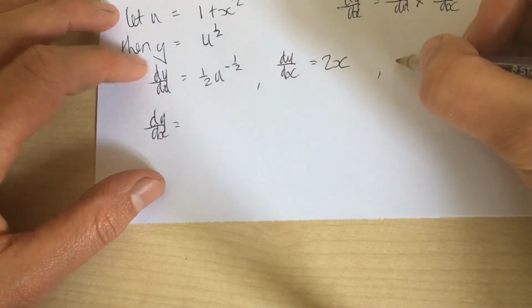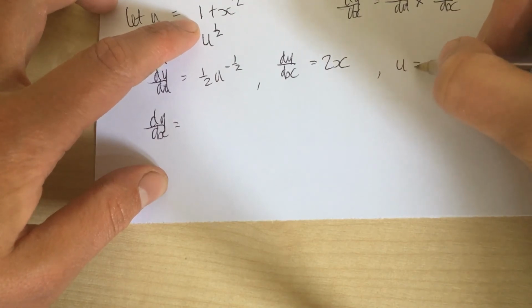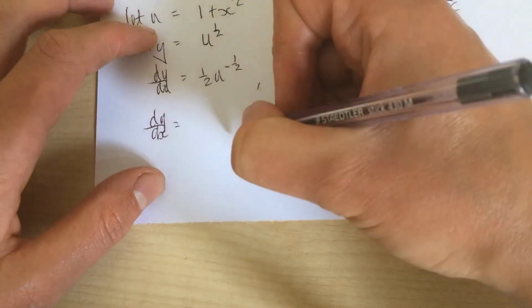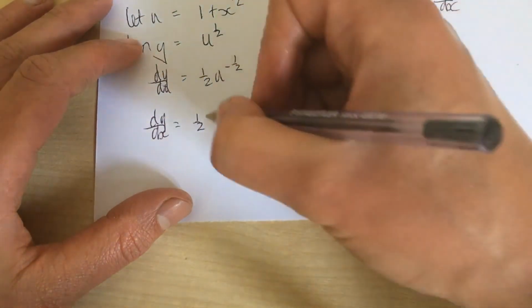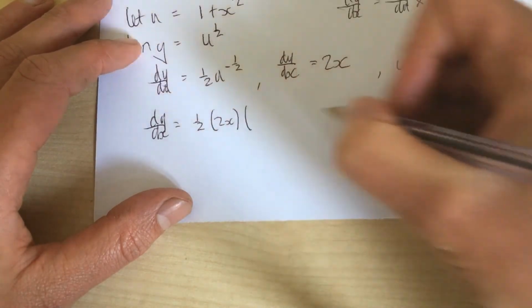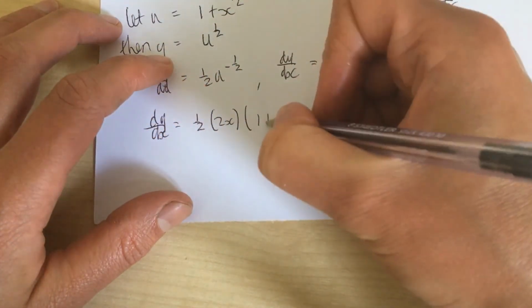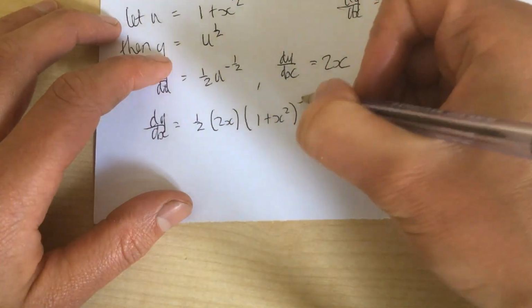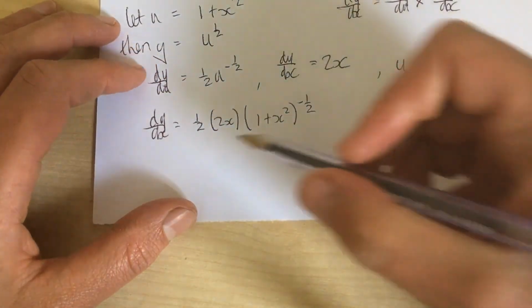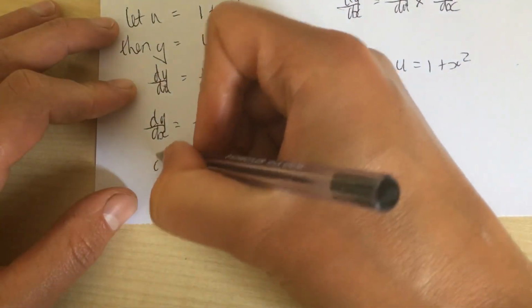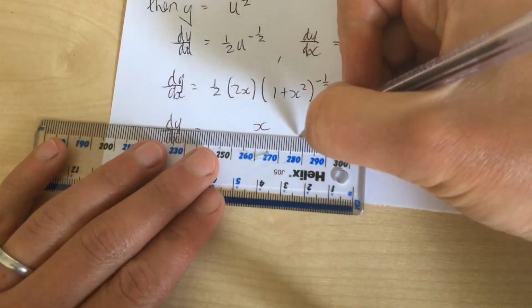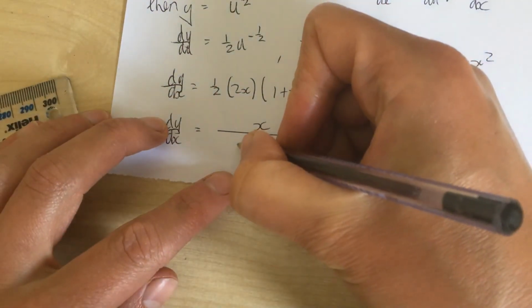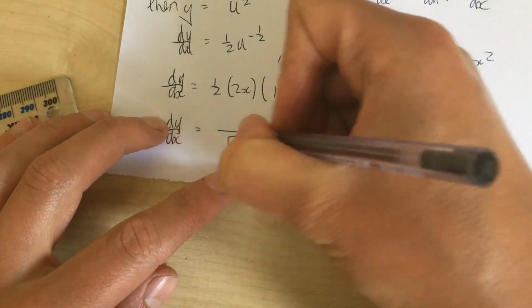Now if I remember that the substitution that I want to make to get back is u equals 1 plus x squared, I'll put that straight in here. So that's going to give me a half, and the 2x, and substituting this in for u will give me (1 + x^2) in the brackets, and a minus a half there as well. Of course, a half times 2x is x, so I might want to rewrite this a bit neater as x over the root of 1 plus x squared. There we go.